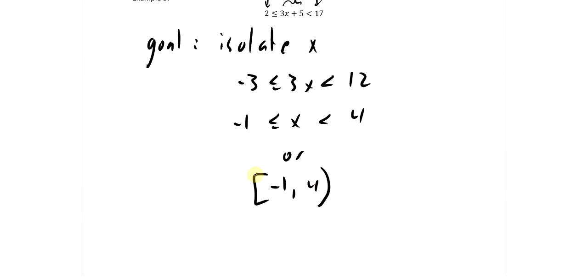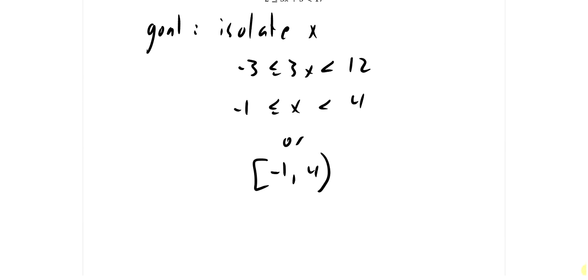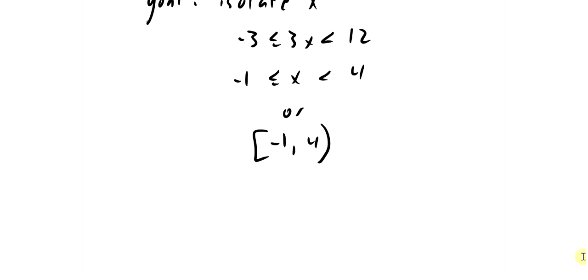right? So a bracket here tells me that I want to include the minus 1 because of the inequality, and a strictly less than means I don't include the 4. So that's open there. And we can graph it, right? What we're interested in here is all the numbers between minus 1 and 4. So here's minus 1, 0, 1, 2, 3.